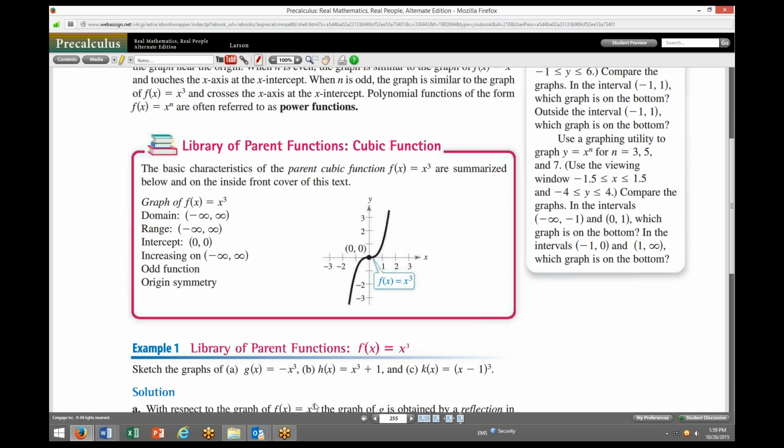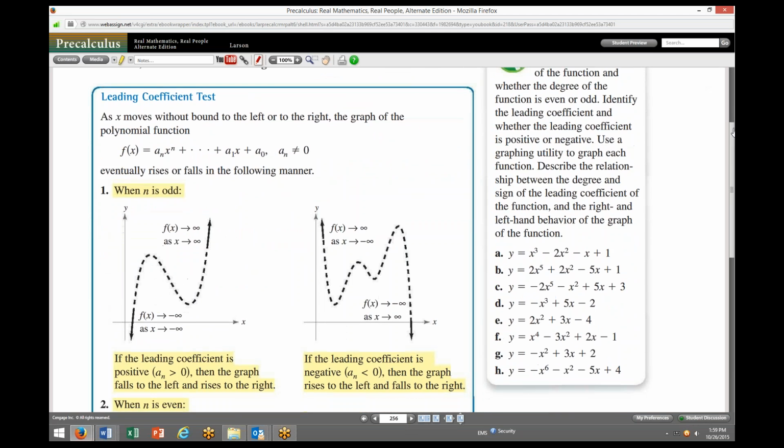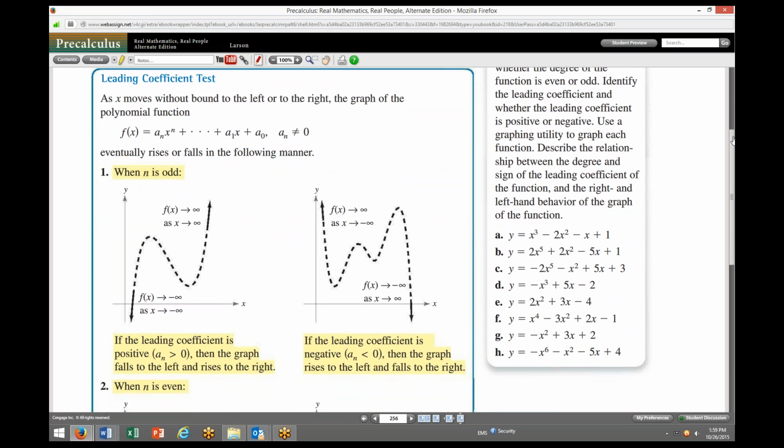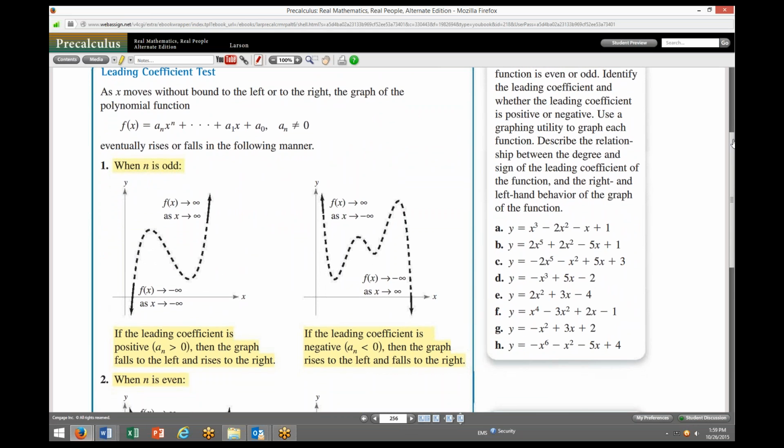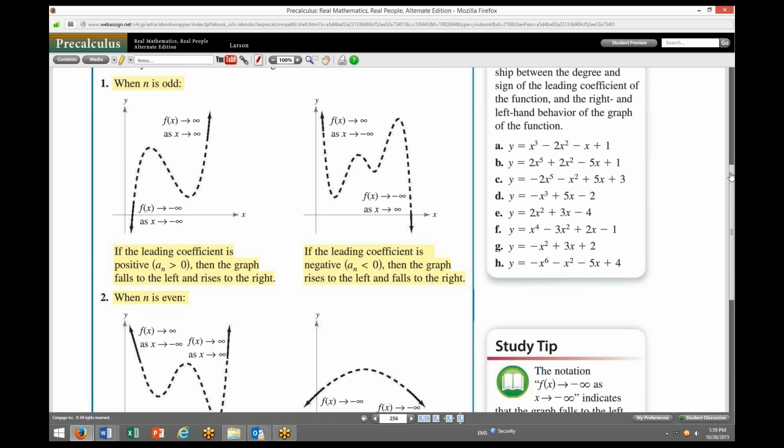There's a good chart which briefly summarizes what we've been talking about here for a few minutes. On page 256 of your text, the leading coefficient test chart here, and it's telling you just what we've been talking about.